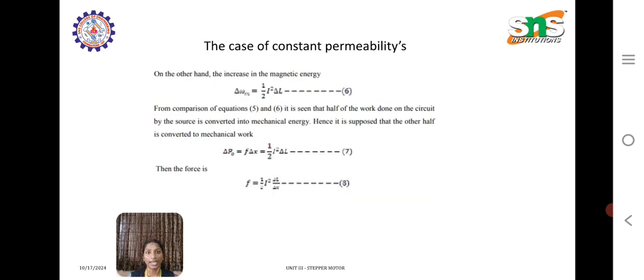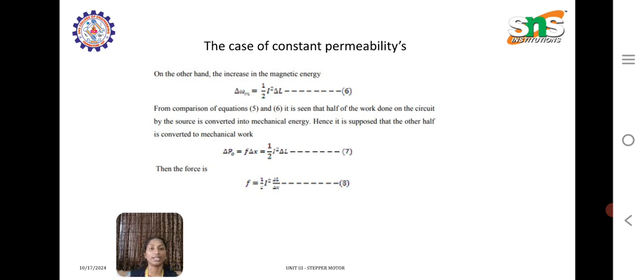On the other hand, the increase in the magnetic energy del Wm is equal to half into I square del L. Comparing equations 5 and 6, it is seen that half of the work done on the circuit by the source is converted into magnetic energy, so the other half is supposed to be converted to mechanical work.